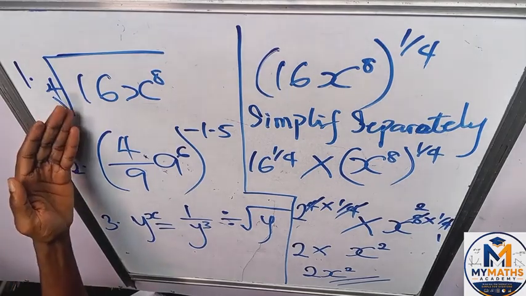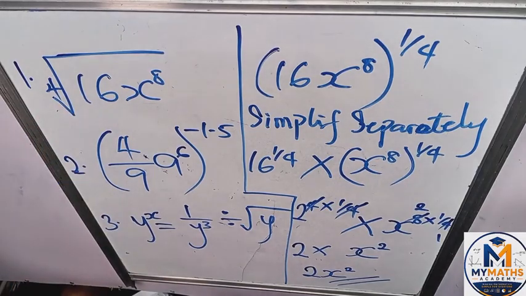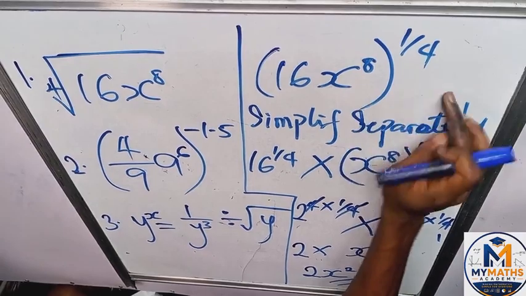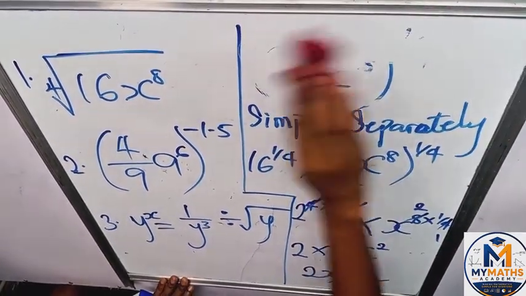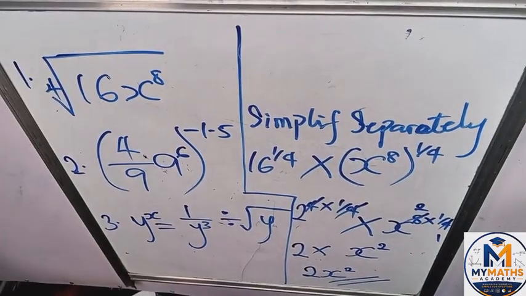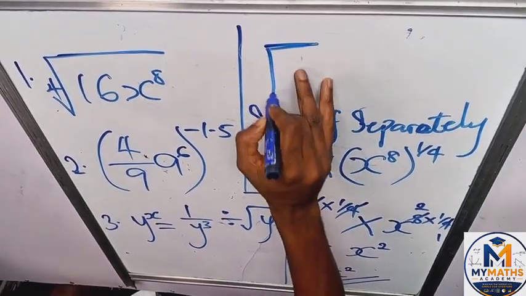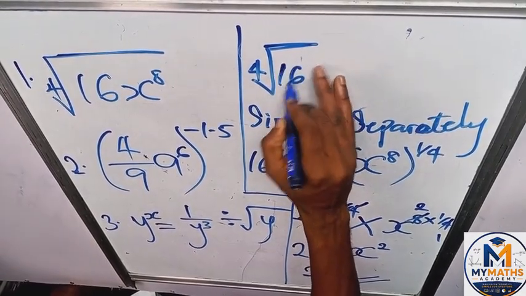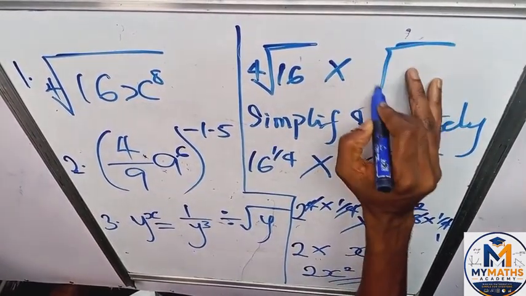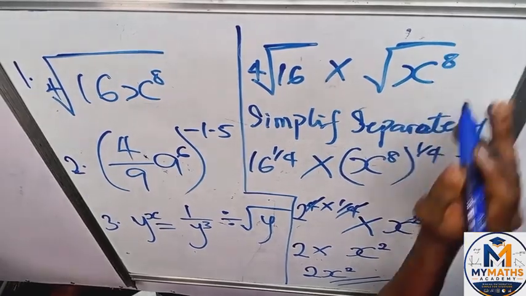In solving this kind of question, sometimes you don't see it in this pattern. You might see it in surd form, where you say 16 times the fourth root of x raised to power 8.